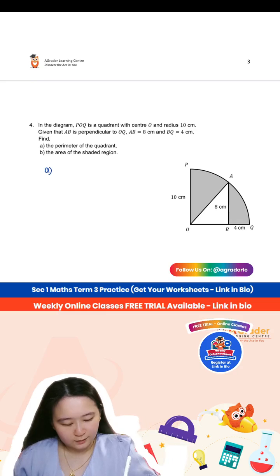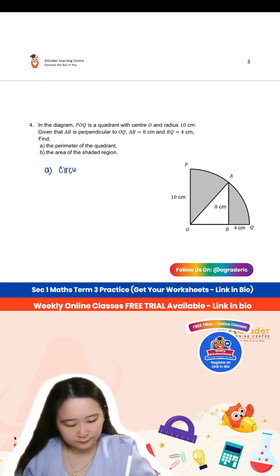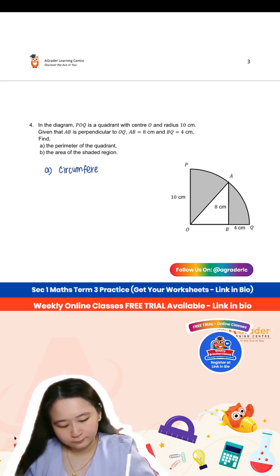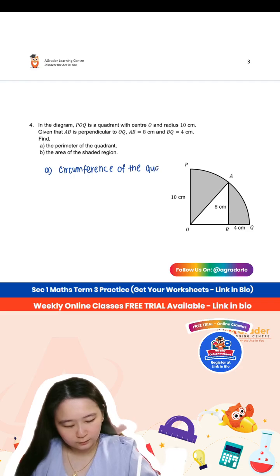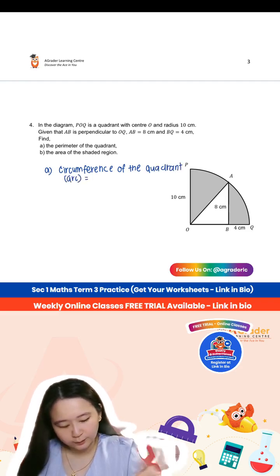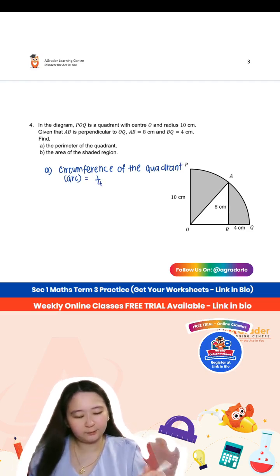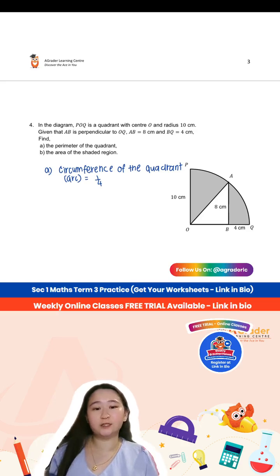Okay, so the circumference of the quadrant of the arc will be a quarter times 2 pi r, because we only have the radius.